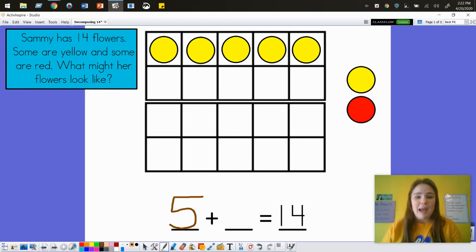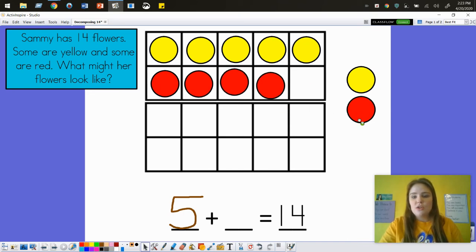And now the next step is I need to add flowers until I get to the number 14. So I've got my red flowers now, and I'm going to keep dragging them out until I get to 14. We know that when I fill the first 10 frame, I have 10. So far I have 5 red flowers, but I need to keep going until I reach the number 14.